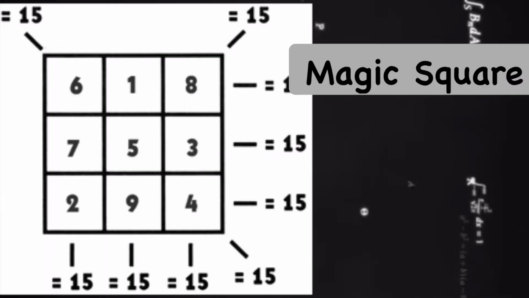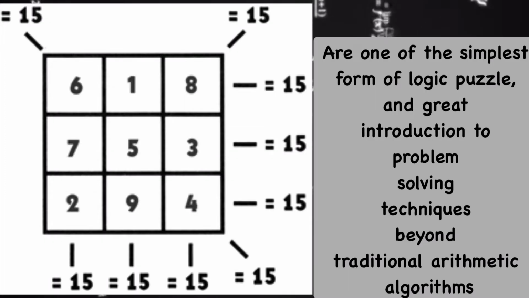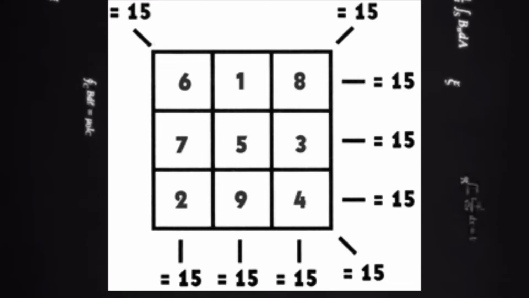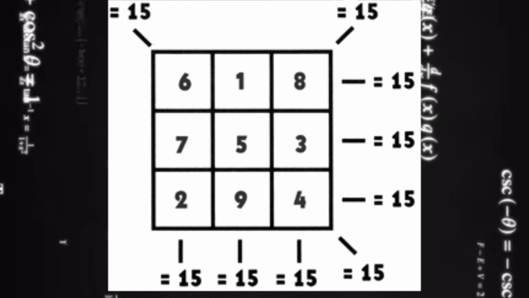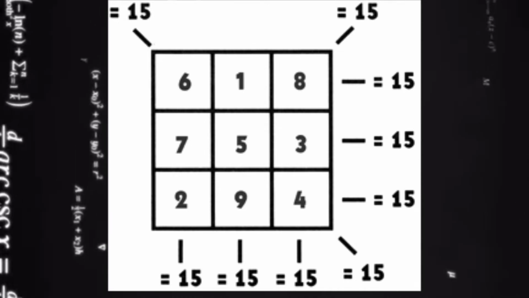Magic squares are one of the simplest forms of logic puzzles and a great introduction to problem-solving techniques beyond traditional arithmetic algorithms. Each square is divided into cells, and the rules require that the sum of any row, column, or diagonal in the square be the same.